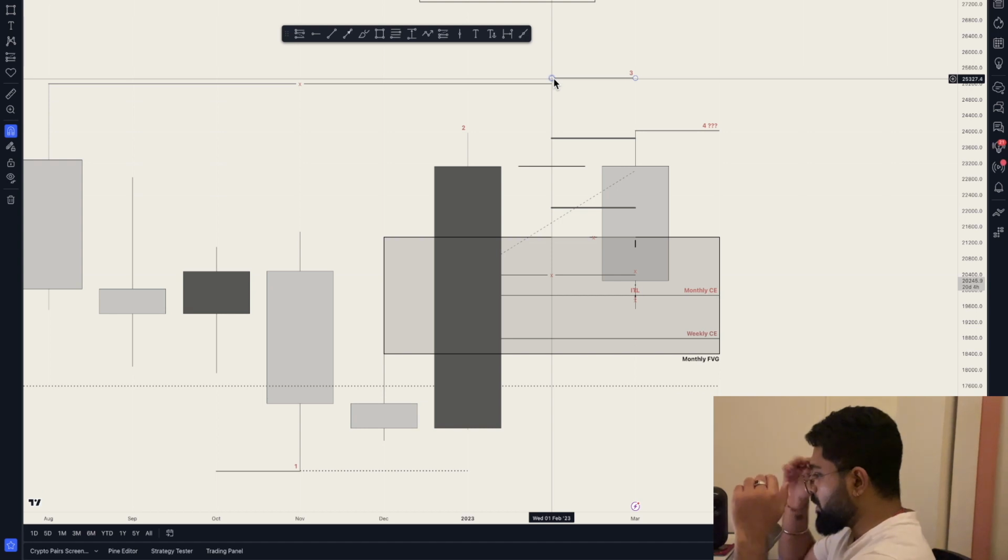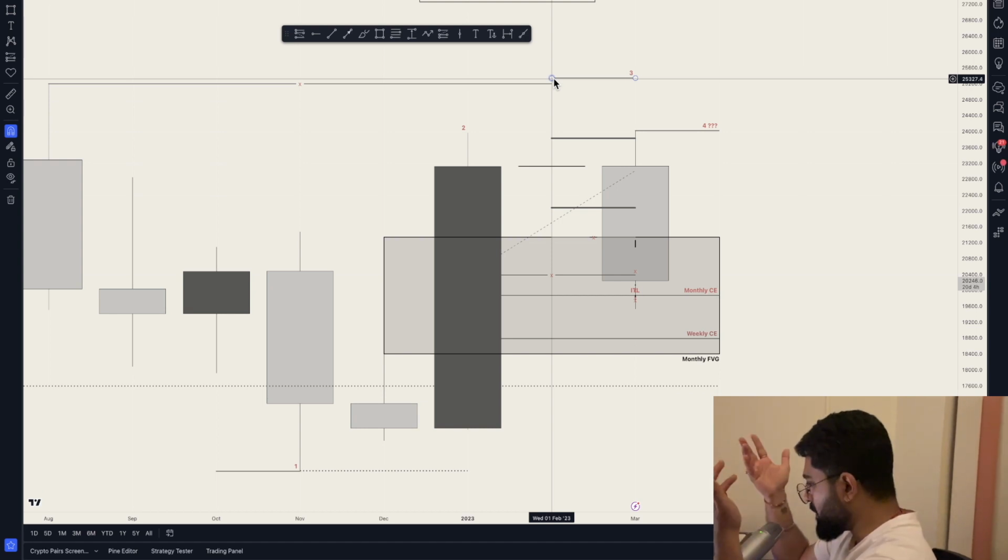So what happens on candle number four? Candle number four generally tries to rebalance the imbalance. Basically, your candle number four will try to attack your fair value gap or fill it.